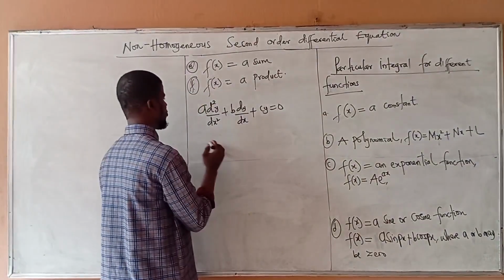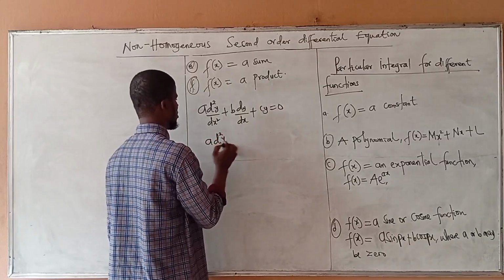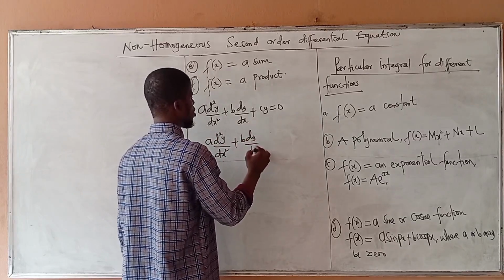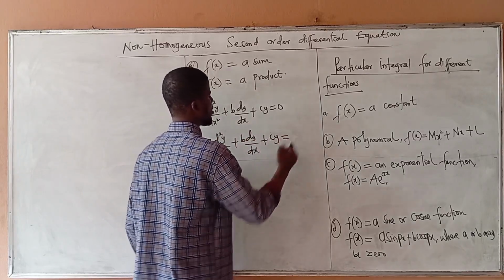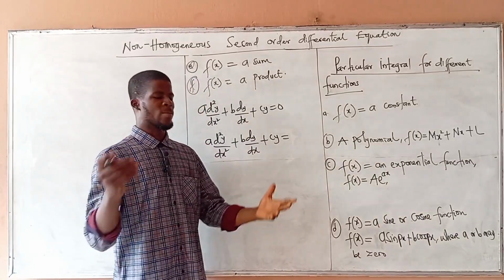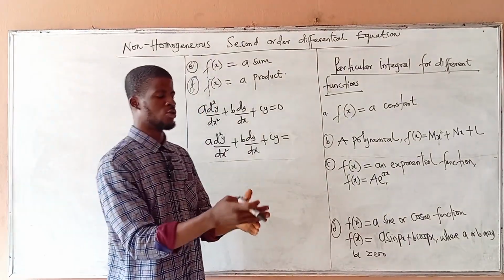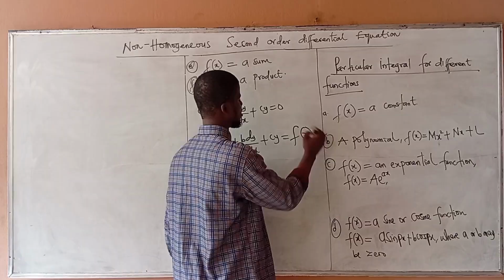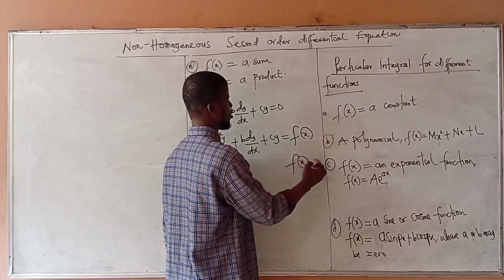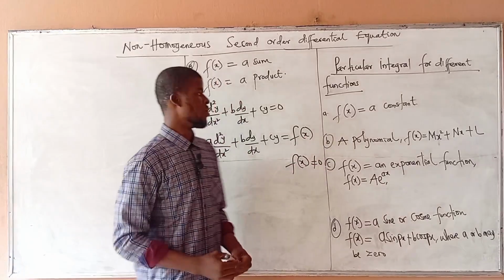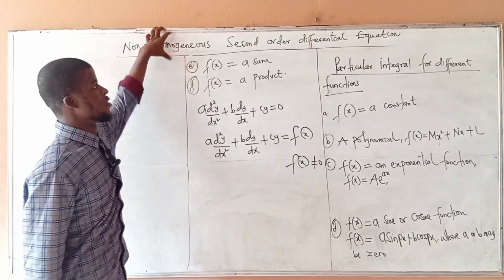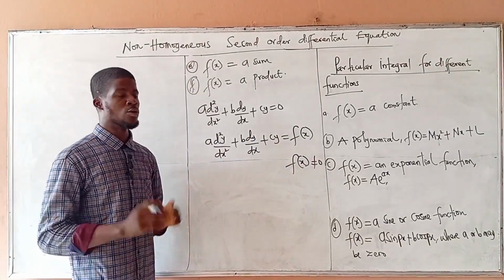But if the function at the right hand side is not equal to 0, it is equal to something else, say an algebraic function, exponential function, trig function, logarithmic function, or whatsoever. As far as f of x here is not equal to 0, it is classified as a non-homogeneous differential equation of the second order. You get it?